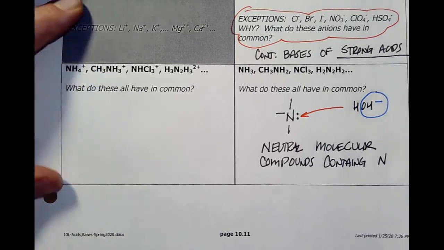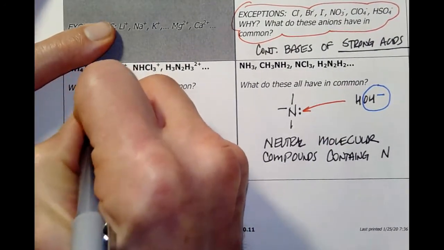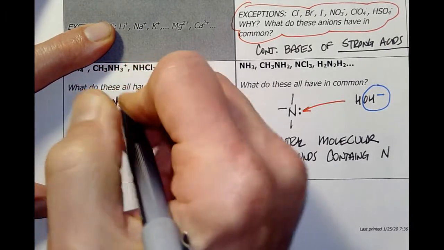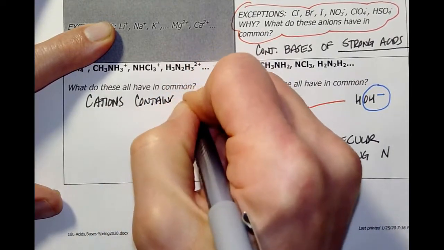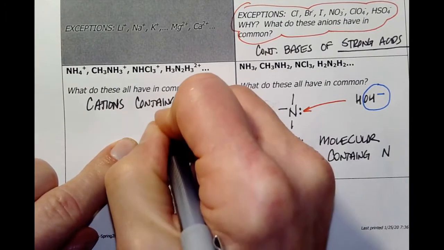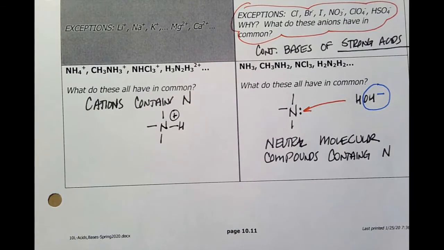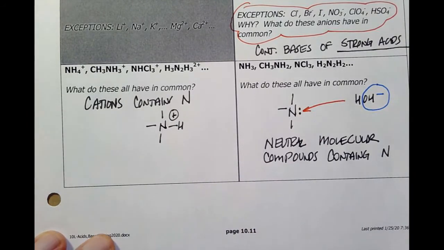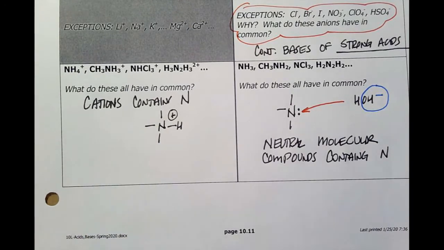Acidic. So we can say this several ways. These are all cations that contain nitrogen. We normally expect a lone pair of electrons to be hanging out on that nitrogen, but that nitrogen's had an H+ added to it. So this is now acidic. It can donate the H+ back off.